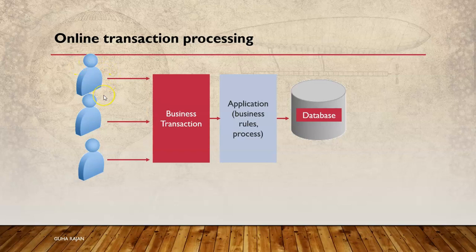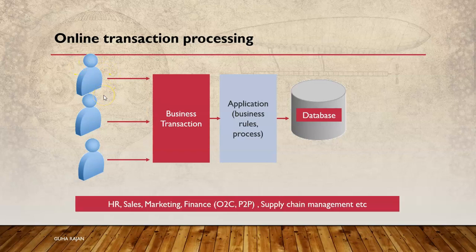There will be different applications like HR system, sales, marketing, finance, something called O2C, order to cash, or procure to pay. You purchase something and then pay for it, that is procure to pay.